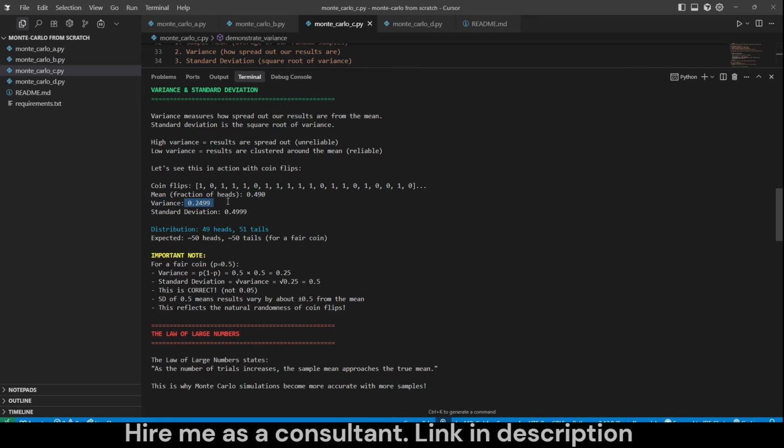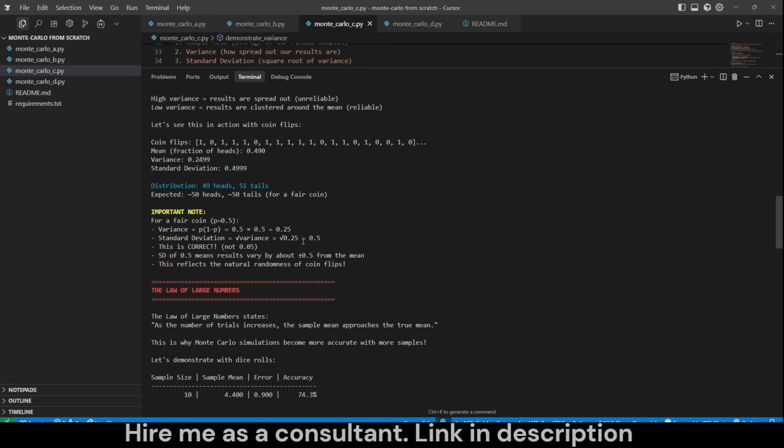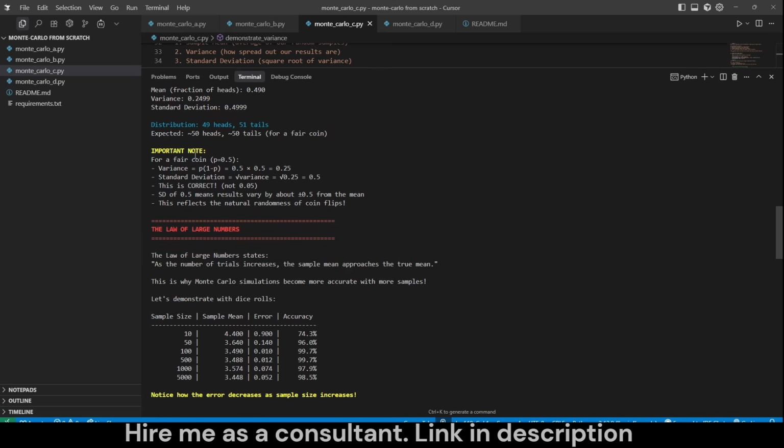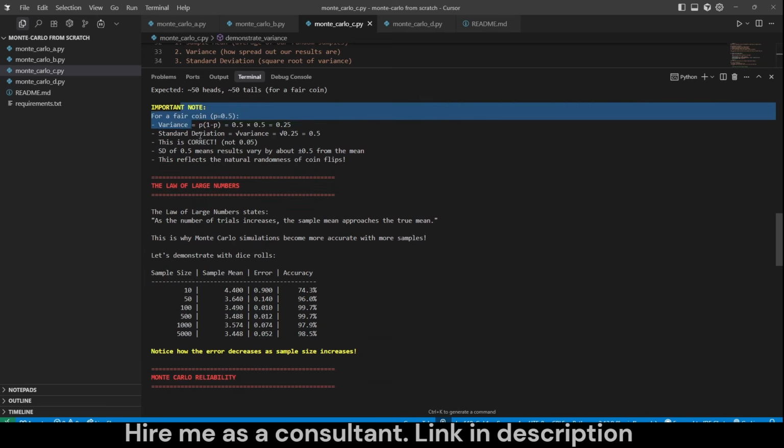Because the variance is the average movement to either side, and the standard deviation is the square root of it, which is 0.99. So of course, in a coin flip, the average is 0.5, and with each flip, you deviate half to the left or half to the right, right? Either to 0 or 1. So, important note, for a fair coin, the variance, you can read through this.